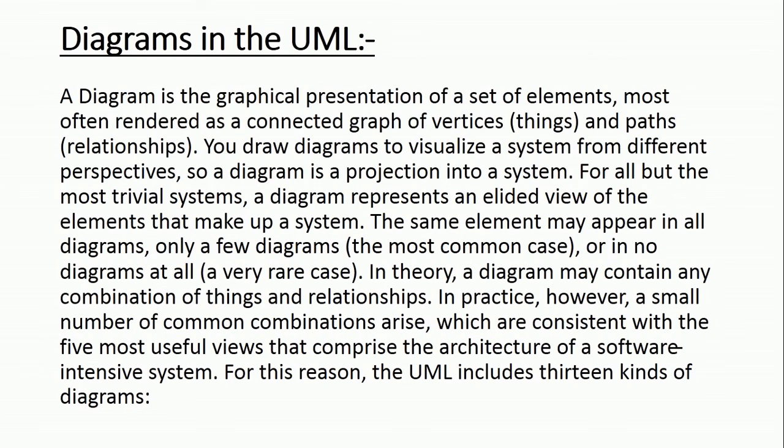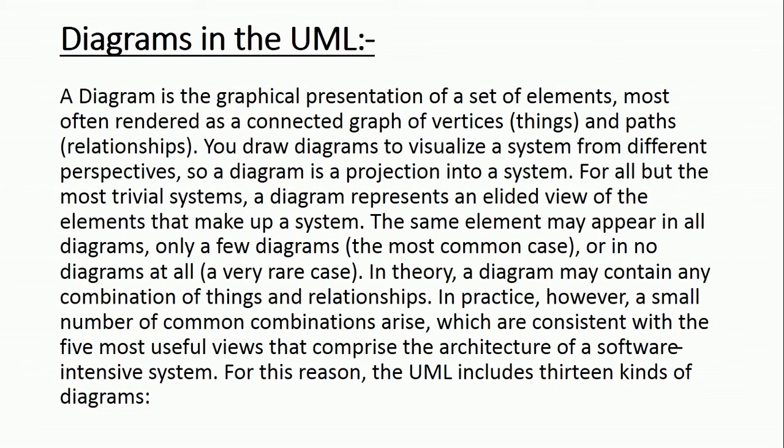Here we can say vertices means the things and the paths are the relationships. You draw diagrams to visualize a system from different perspectives. So a diagram is a projection into a system.